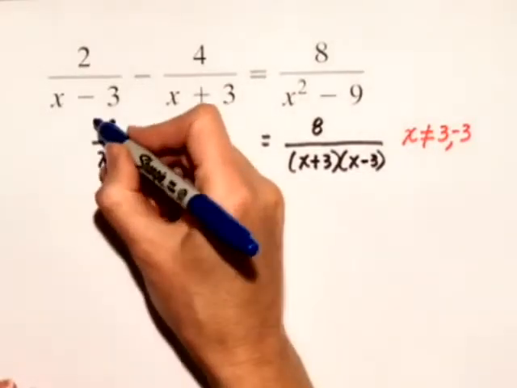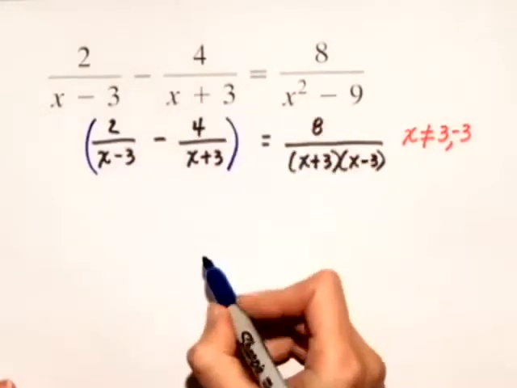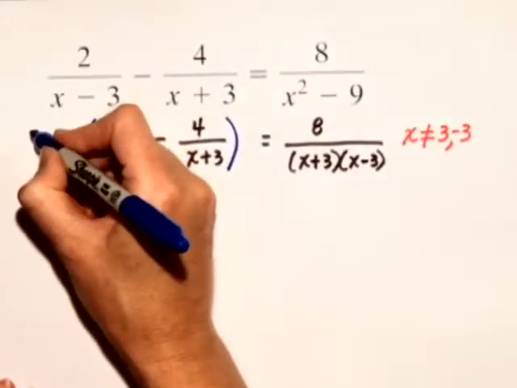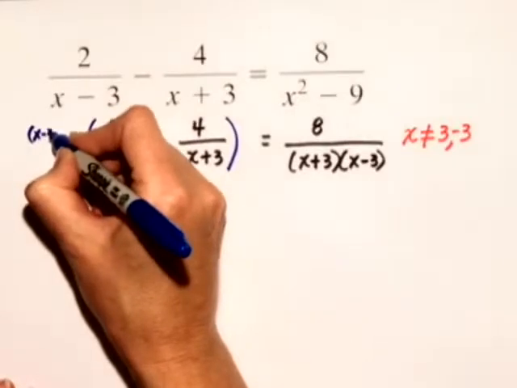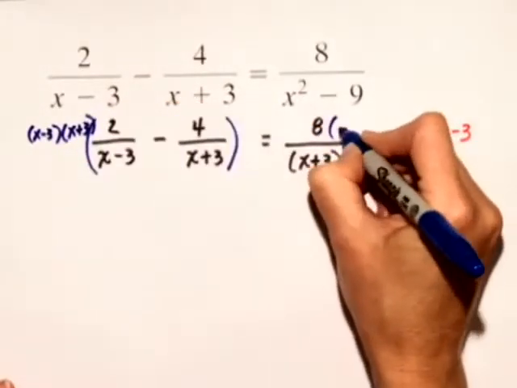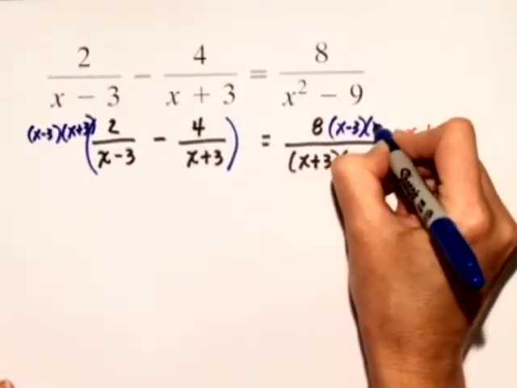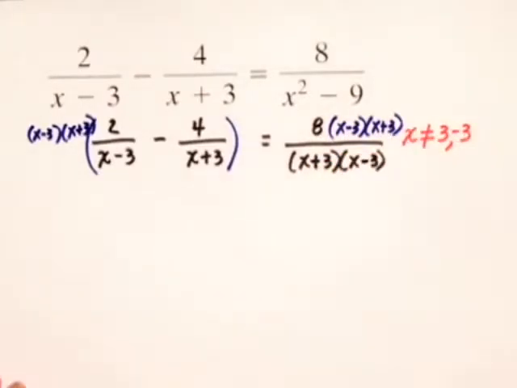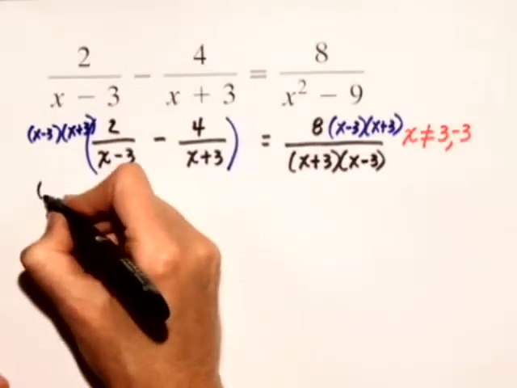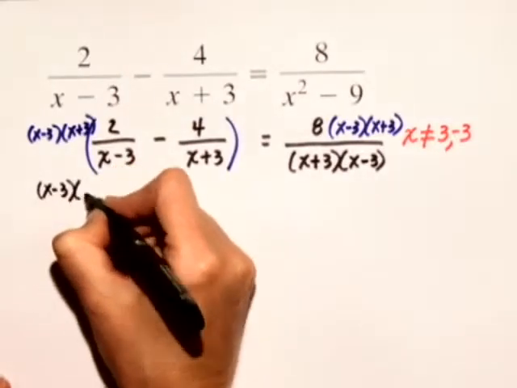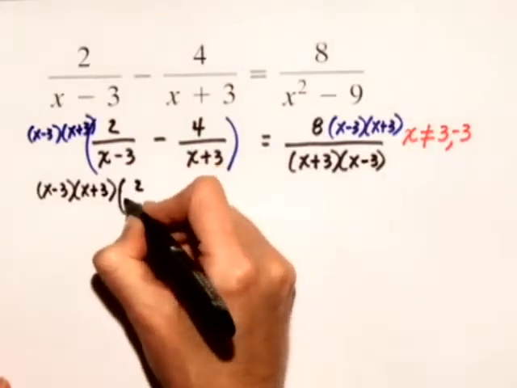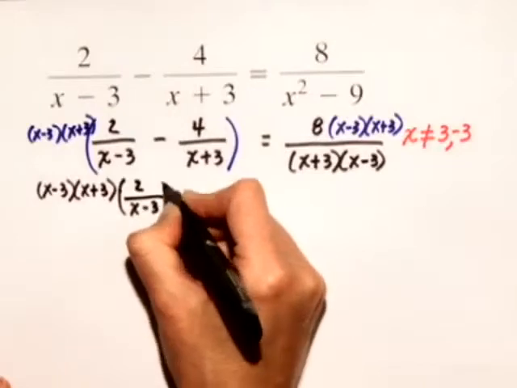So we're going to multiply both sides of this equation through by what we just talked about, the quantity x minus 3 times x plus 3, on both sides. And when we do that, we're going to have x minus 3 times x plus 3 times 2 over x minus 3.